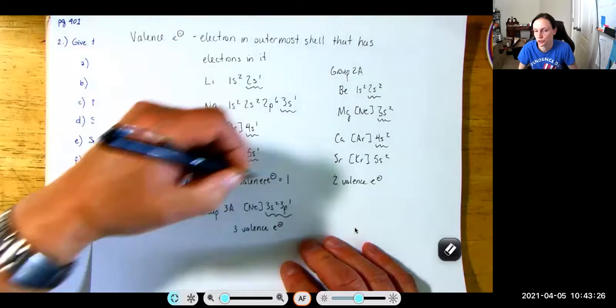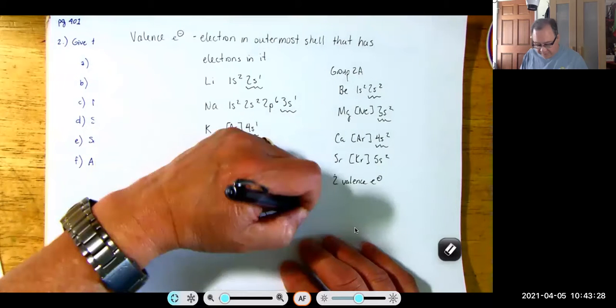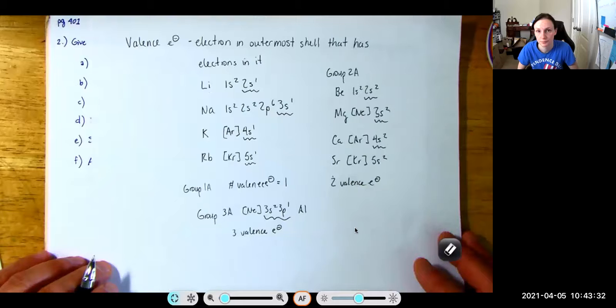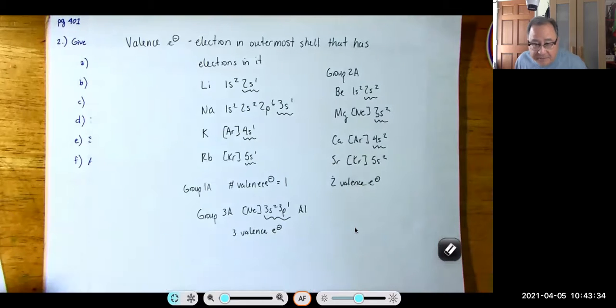And this is aluminum. Is this the trend for all of them? Yeah, if you go through and do everything in just a second period, you find out that the number of valence electrons is equal to the group number. Okay, so that's a big deal.